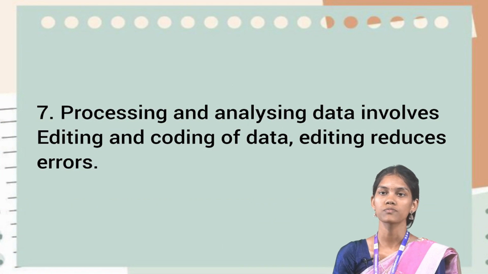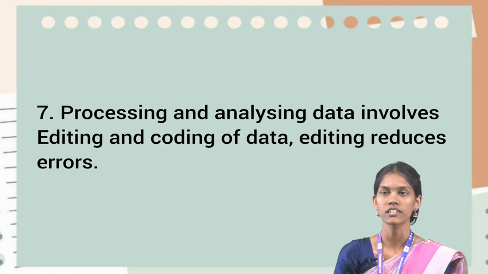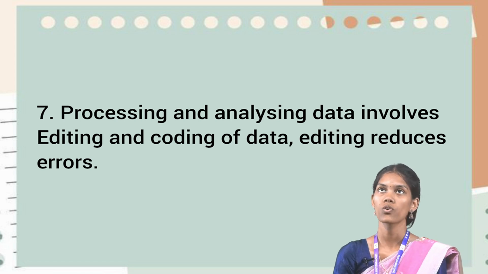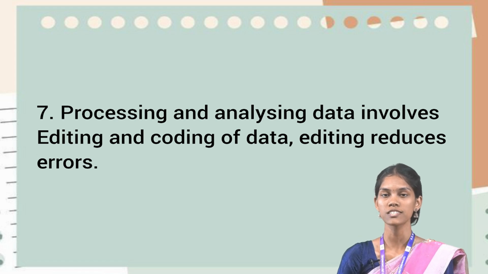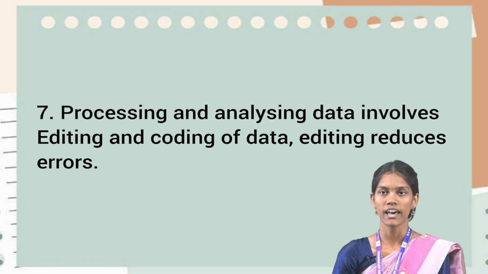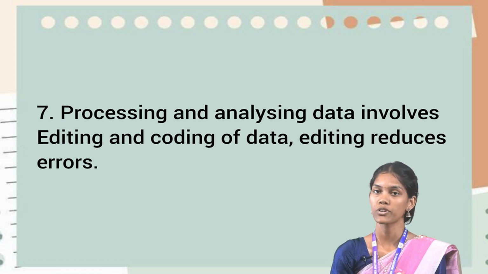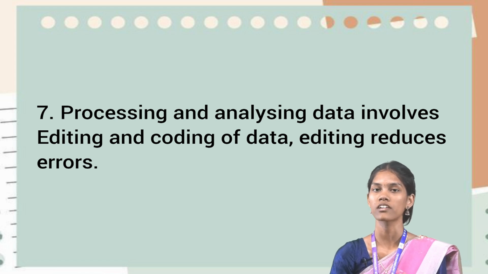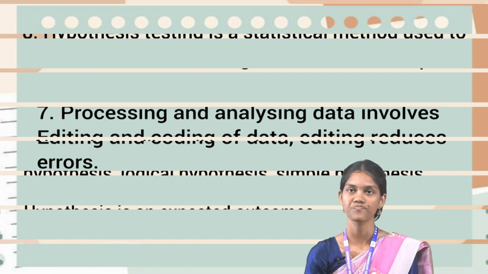Next topic is processing and analyzing data, which involves editing and coding of data. Editing reduces errors. When a researcher does research, there are many ways for errors to occur in the interpretation of data, so he has to edit and reduce the errors in his research.